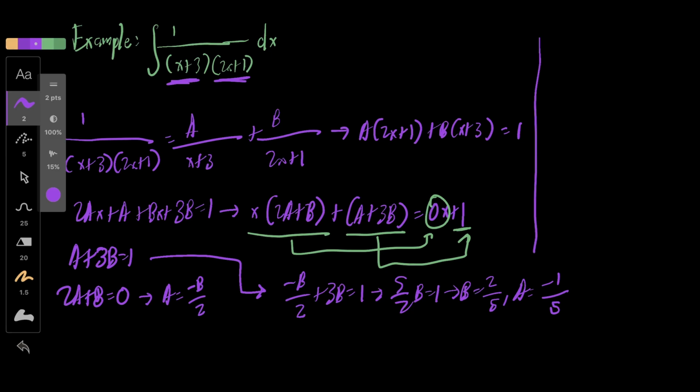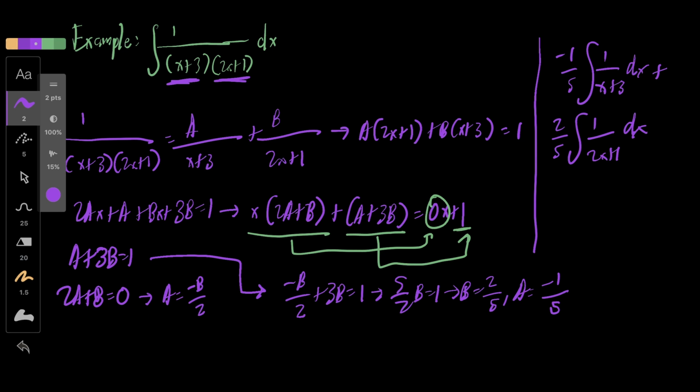So we get negative 1 by 5 multiplied by the integral of 1 over x plus 3 dx, plus 2 over 5 multiplied by the integral of 1 over 2x plus 1 dx, and then with u substitution, this becomes a natural logarithm.